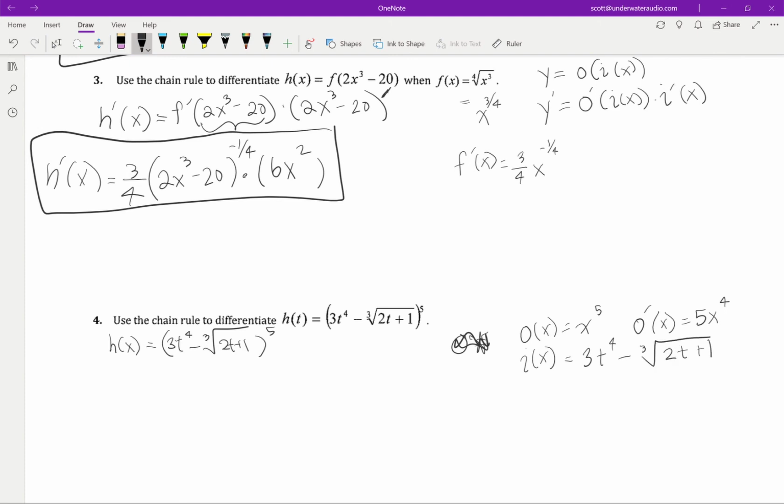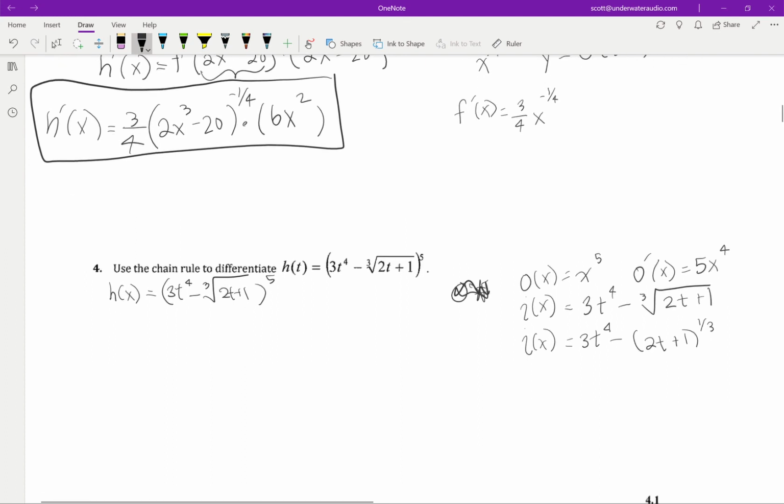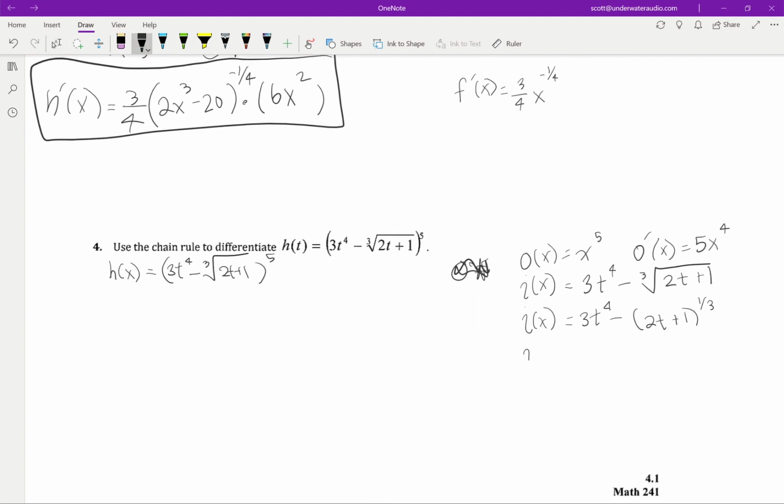And then I'm going to rewrite this so that it's easier to take a derivative. 3t to the 4th minus 2t plus 1 to the 1/3 power. Now I'm rewriting it that way so that when I take the derivative, it's a little bit easier.